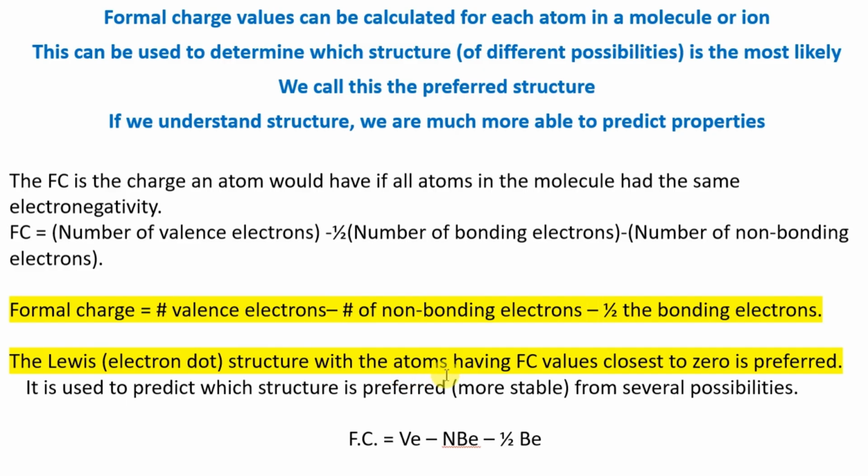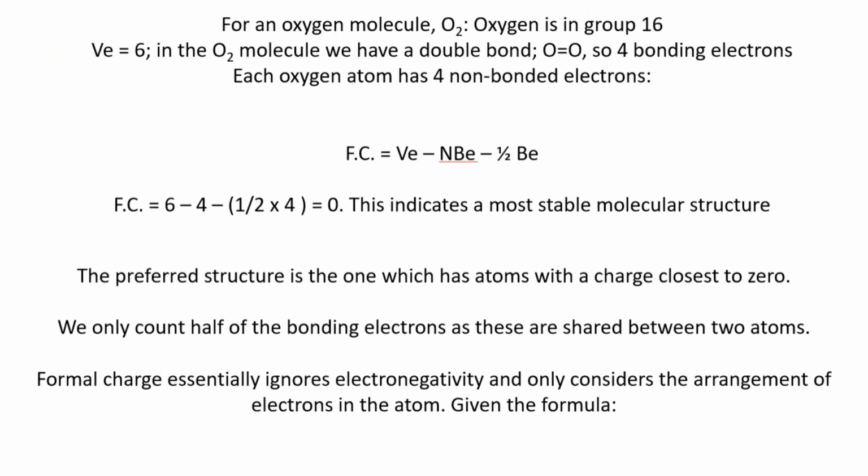The Lewis structure with the atoms having formal charge values closest to zero is preferred. And this is used to predict which structure is preferred, which structure is more stable from several possibilities. My formula again. Formal charge equals number of valence electrons minus the number of non-bonding electrons minus half the number of bonding electrons.